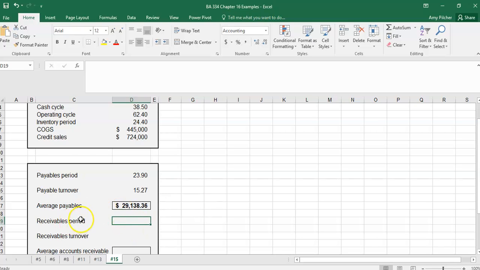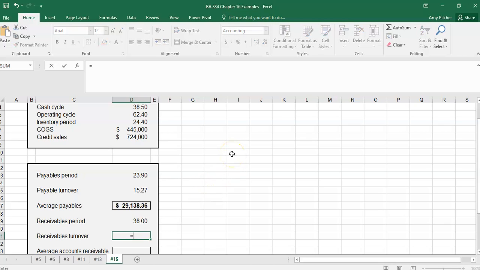So now we have our receivables period, and we're going to do the same thing. We know that the operating cycle is the receivables period plus the inventory period. So we can rearrange that equation, take the operating cycle minus the inventory period, and we get our receivables period.